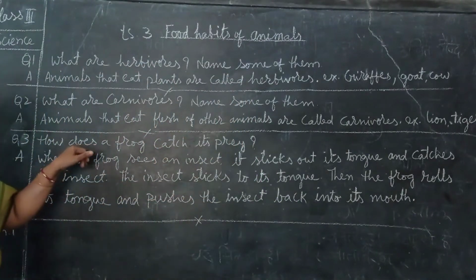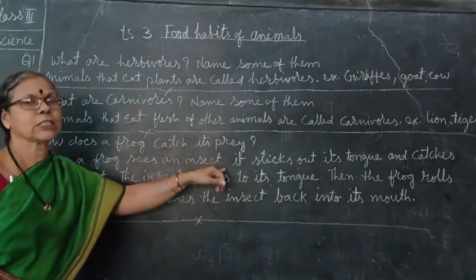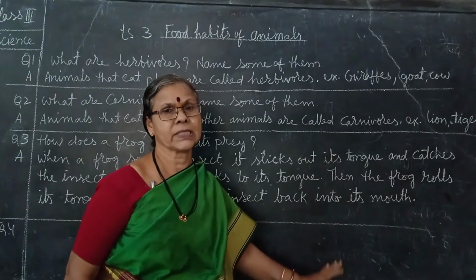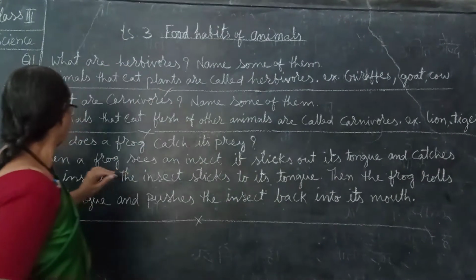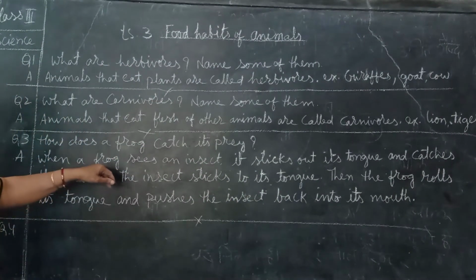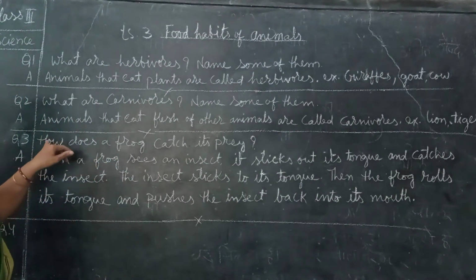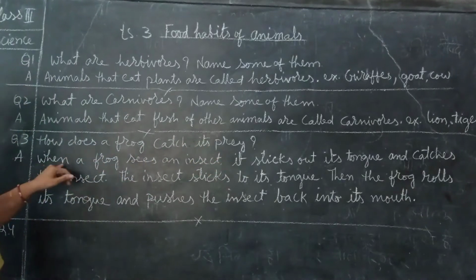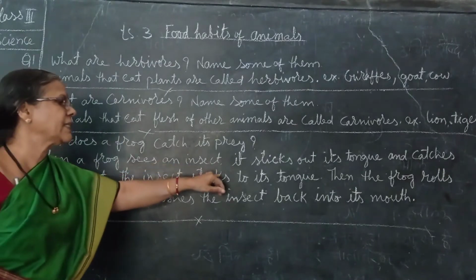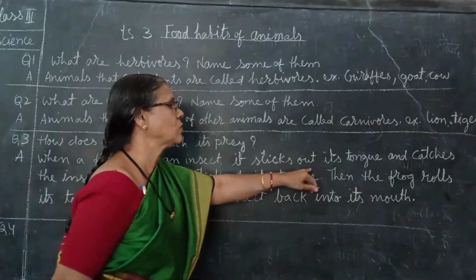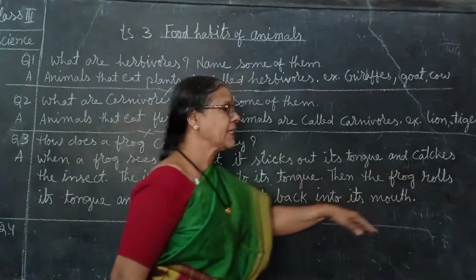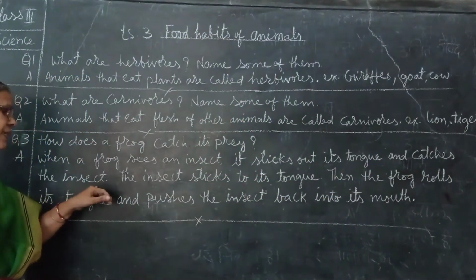Third question. How does a frog catch its prey? Few questions I gave you to practice, to learn the questions and answers by heart. Okay. Now, how does a frog catch its prey? When a frog sees an insect, it sticks out its tongue and catches the insect.